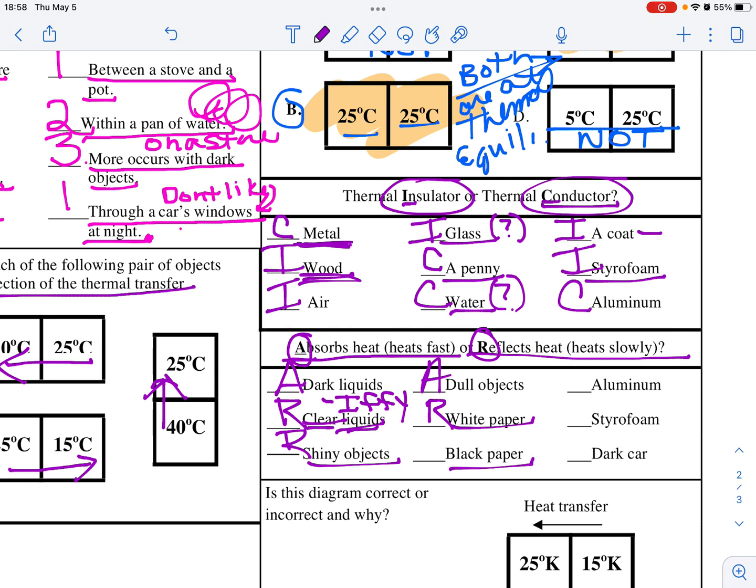And black paper, your other one. Aluminum, and if it's shiny aluminum, it's going to reflect. Styrofoam and a dark car. Styrofoam is generally white, and it's going to probably reflect heat. And a dark car is likely going to absorb heat.